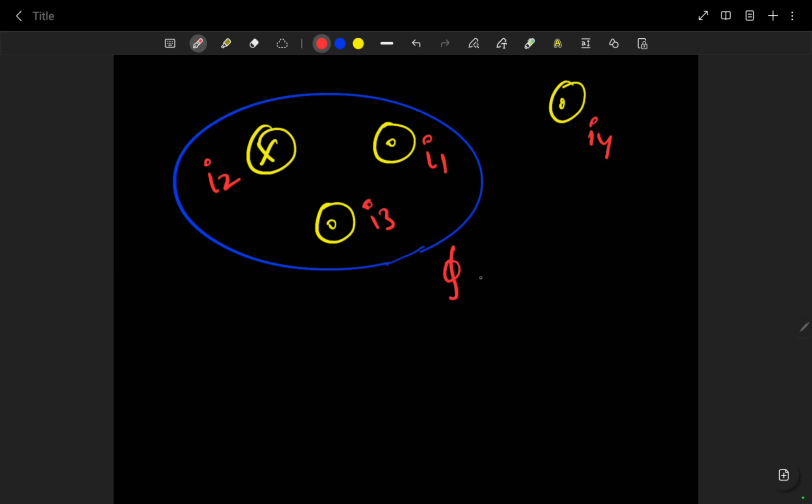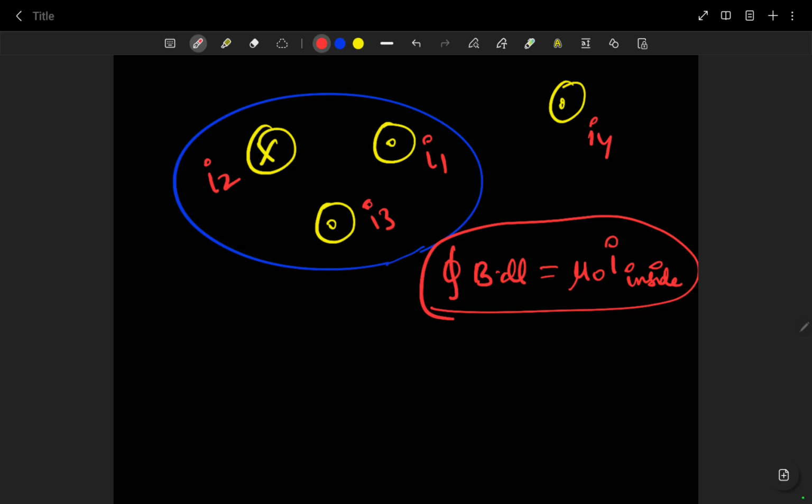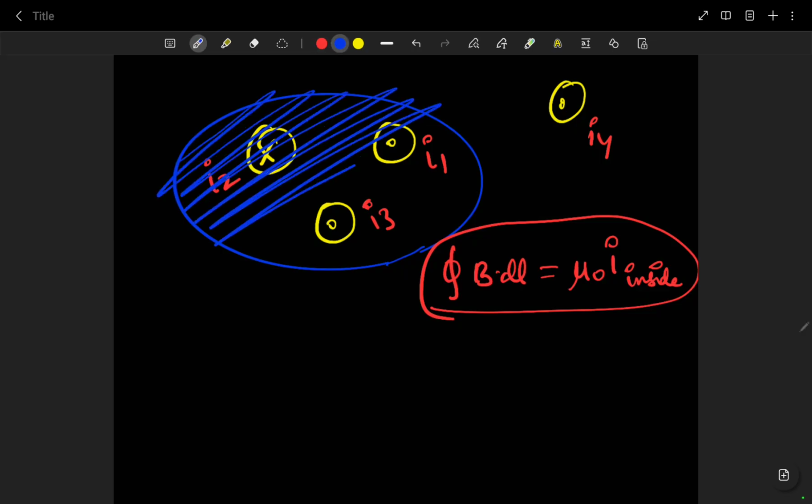So how will we apply Ampere circuital law? Just get the basic statement. It is B into dL, this is a dot product, which equals mu naught I inside. That's the basic statement. So when I'm using this statement, I will understand how many currents exist within this blue loop, right?